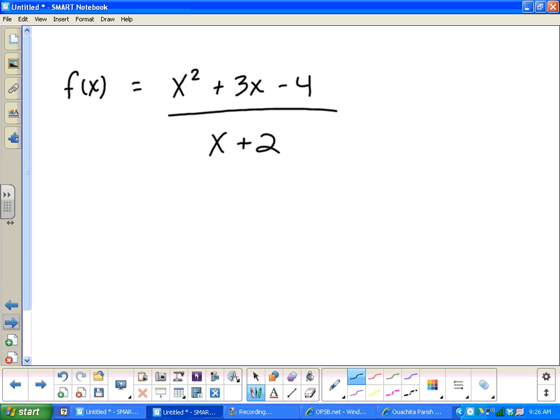All right, let's try this one. Okay, so we're going to start off, and let's kind of talk about why do we want to start off with the horizontal ones or possibly the slanted ones?